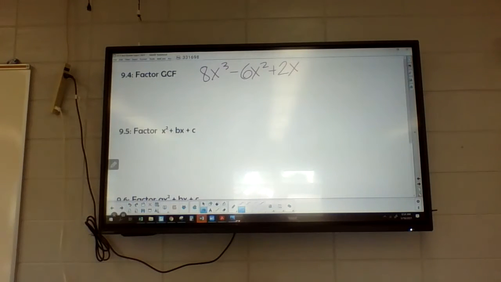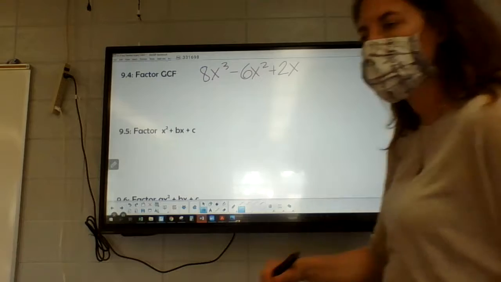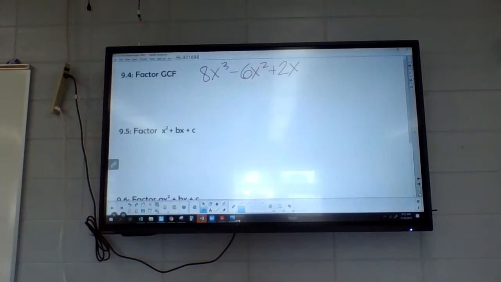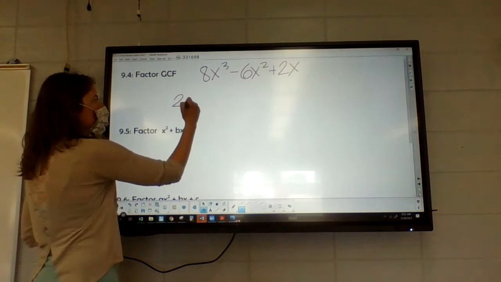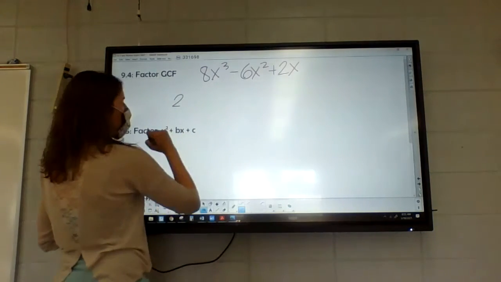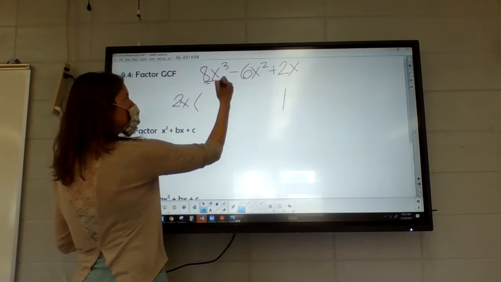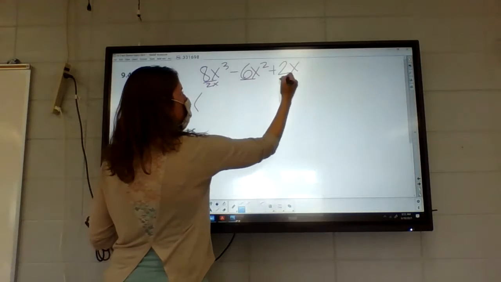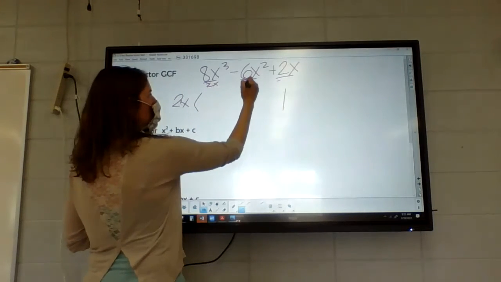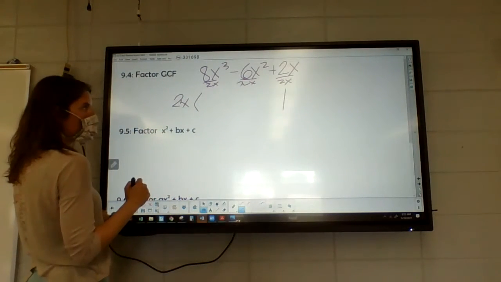So if it's 3 terms, I have to look for the GCF of all 3 terms. So what goes into all 3 terms here? 2x. So you're going to divide a 2x out of all 3 terms. So remember with factoring, it's really like I'm dividing each of these. Now if you like showing that division, sometimes that's kind of helpful there.